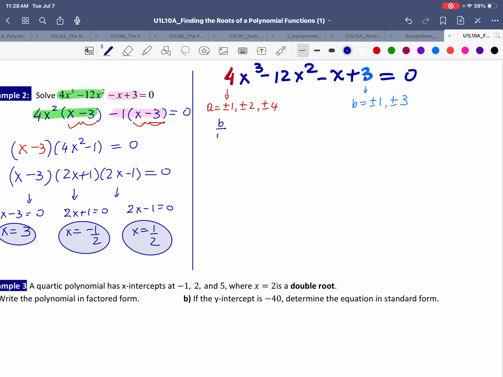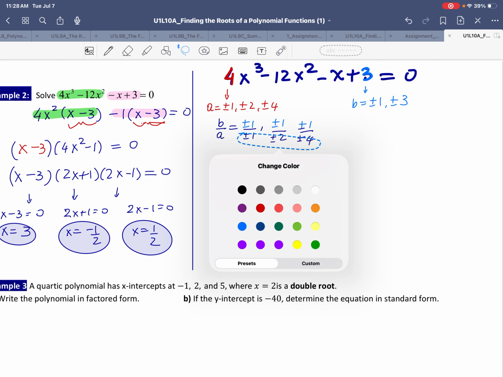We will derive the values of b over a by simply taking each value of b divided by each respective value of a. So it'll be plus minus 1 over plus minus 1, plus minus 1 over plus minus 2, and then plus minus 1 over plus minus 4. So remember, these are all our b's in here, and these are going to be all our a's in here.